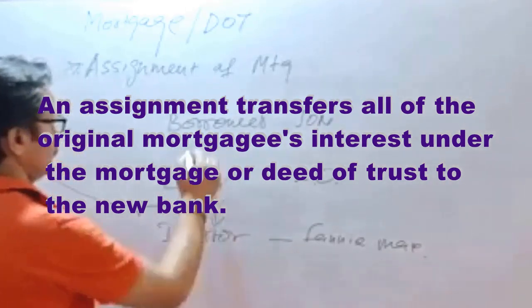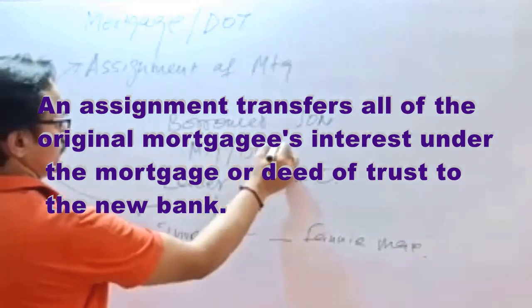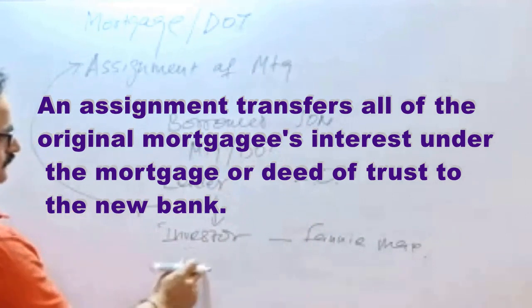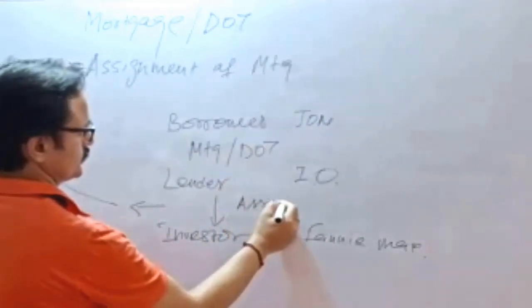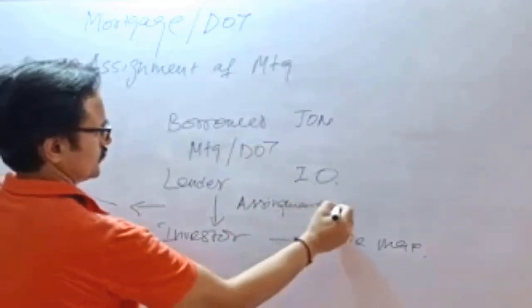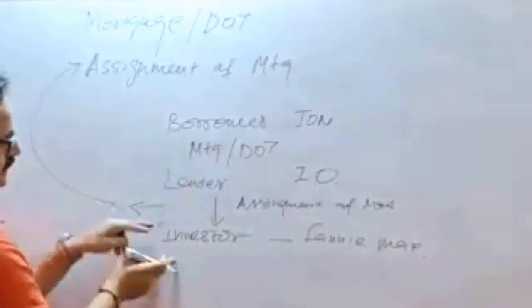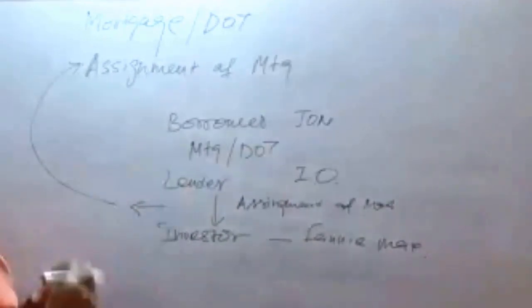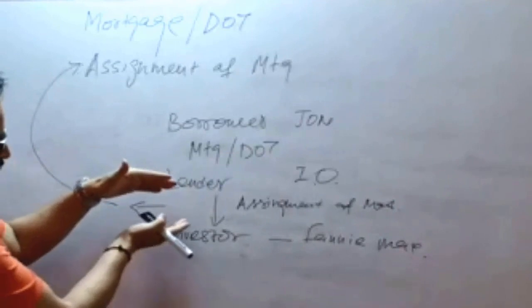The document which is being executed, mortgage or DOT. Between lender and investor, there is another document, that is assignment of mortgage. That means now this mortgage is being assigned to investor by the lender, right? So this is the similar thing.